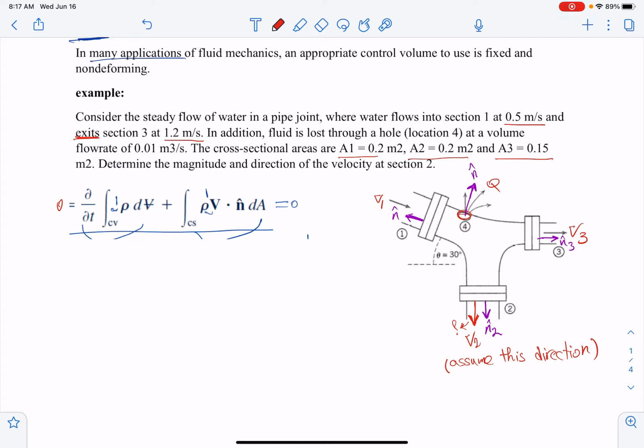And the assumptions that we have, I'm going to talk about the assumptions at the end of this video as well. So the assumption that we have is that it's a steady flow.